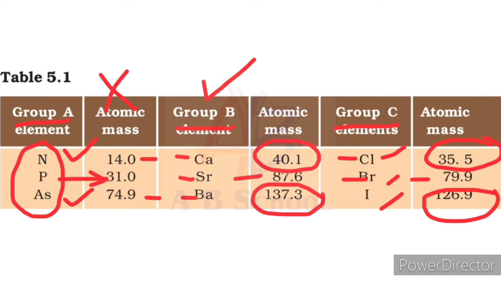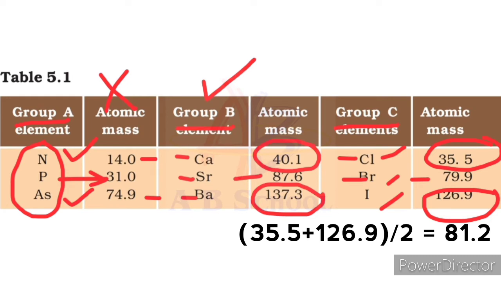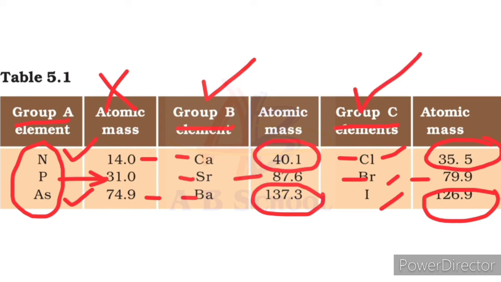Let us find out the average mass of chlorine and iodine. Add 35.5 to 126.9 and then divide that by 2. The answer would be 81.2, which is quite near to the actual atomic mass of bromine. That means group C also represents a Döbereiner triad.